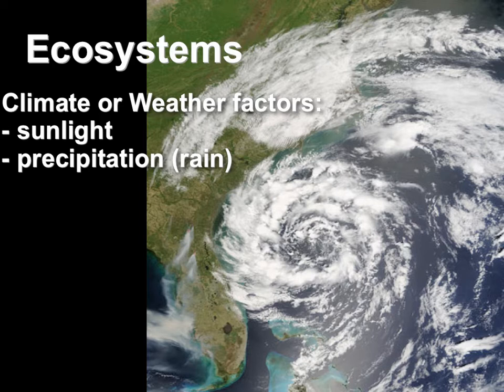Precipitation is the scientific word for rain, but it also includes snow and other moisture falling to the earth. So how much water is coming? Are there monsoons or is there very little rain?